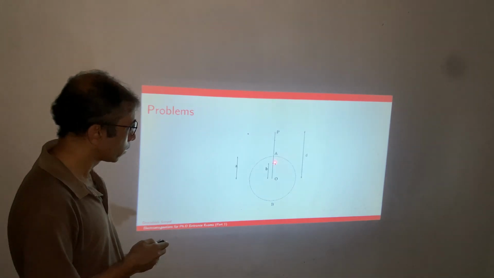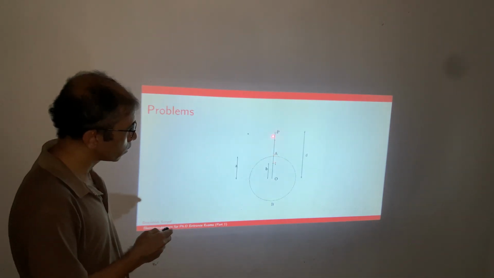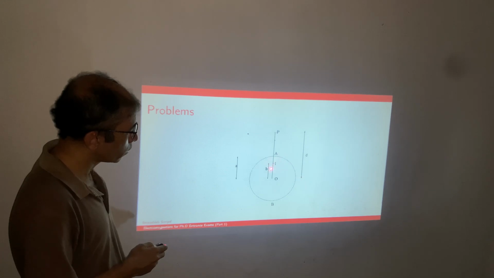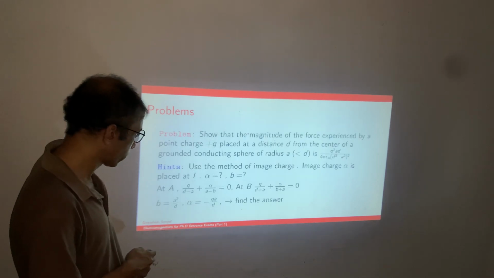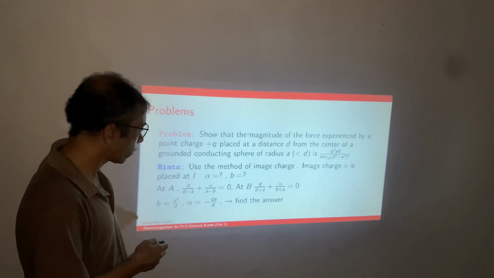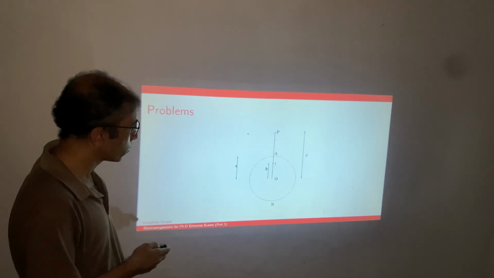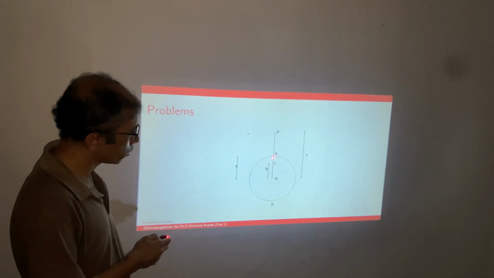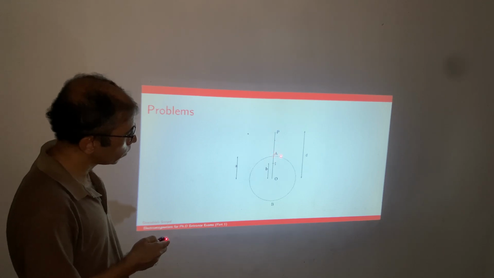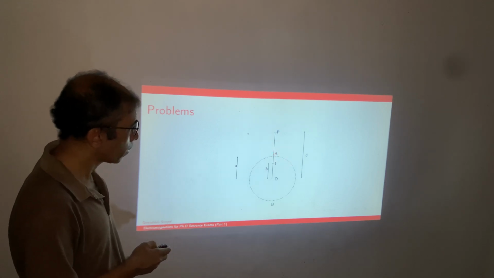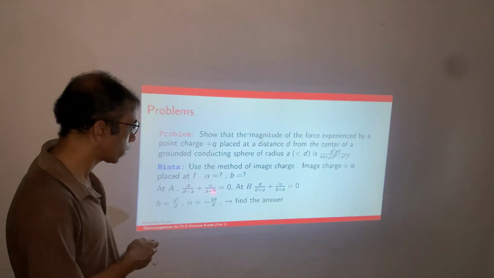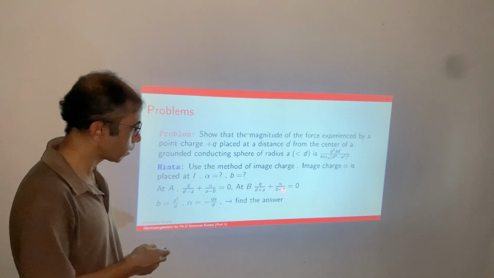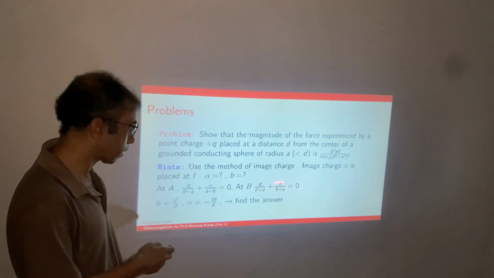Remember, here this is d and this is a. So the distance from Q to A is d minus a, and the distance between this charge and this point will be a minus b. And that's how it is seen. Here also you can convince yourself this is the point B, this is correct.